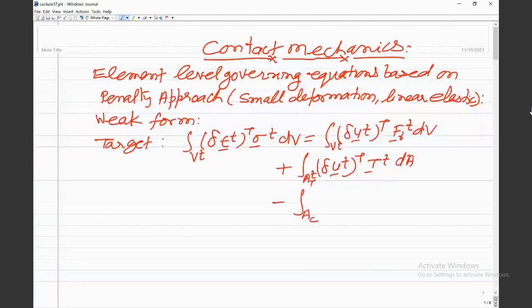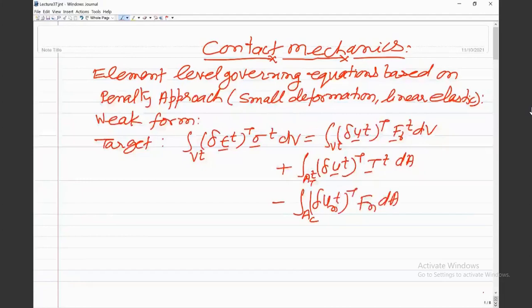Same assumption, we are assuming that the contact is frictionless, so tangential traction is a null vector. So delta Un transpose into Fn dA.